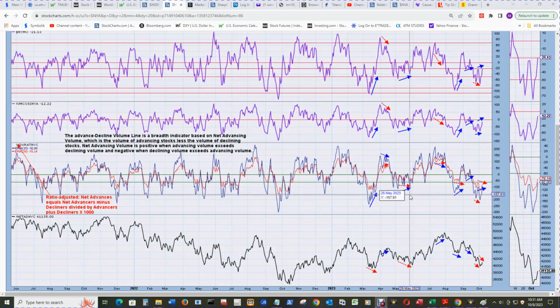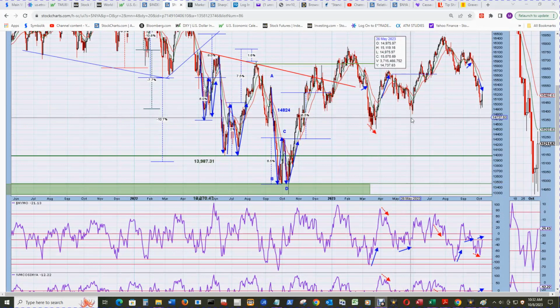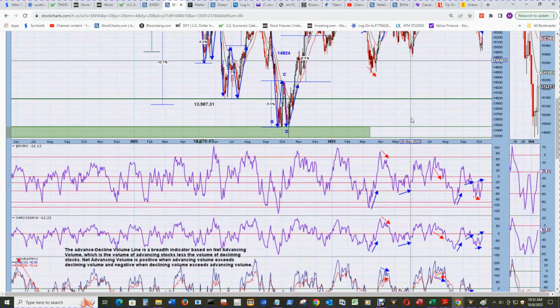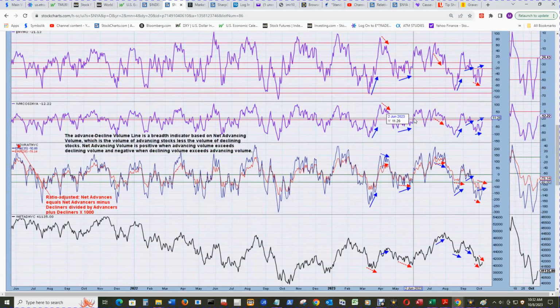So that 39 had to catch up, and it eventually did up here. But by then, there was a pretty good upside again a couple of days later. So the breadth and volume oscillators were doing their job there, giving us an early warning of a change in direction.